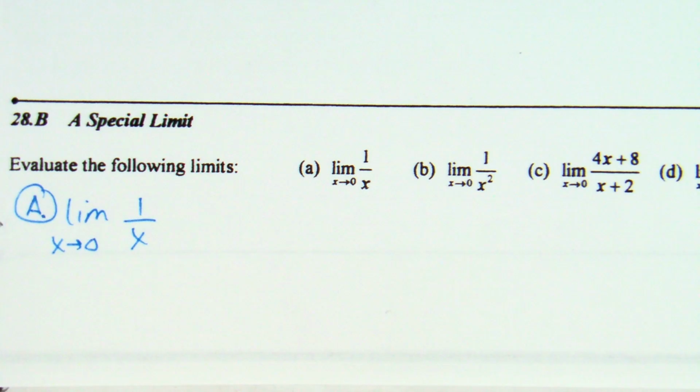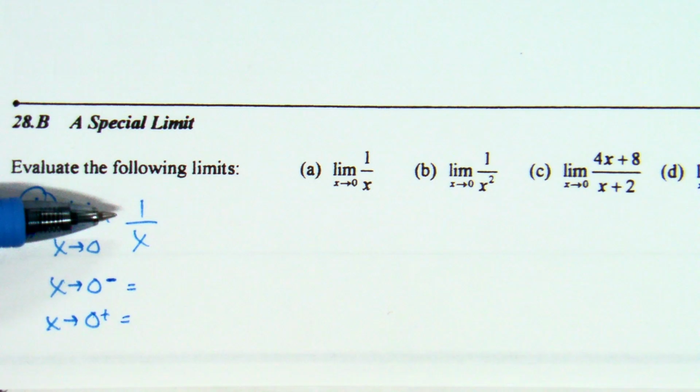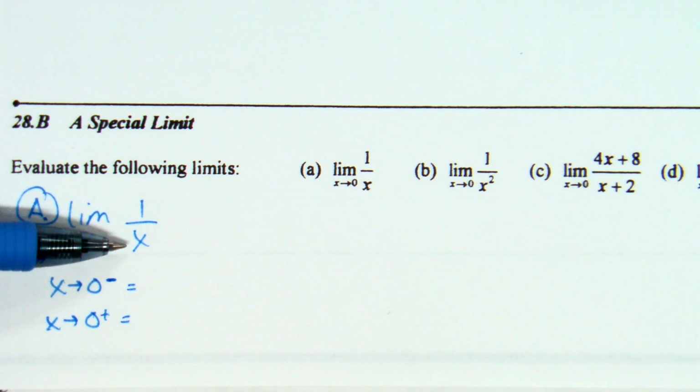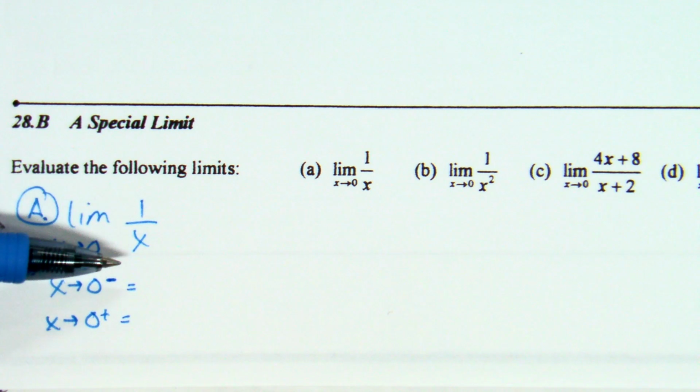So think about this as x approaches 0 from the left and as x approaches 0 from the right. So as x approaches 0 from the left, we'd have like negative numbers, yes? You'd have like 1 divided by, say, negative 5, negative 1/5. 1 divided by negative 4, negative 1/4. 1 divided by negative 2, negative 1/2. 1 divided by negative 1, negative 1.